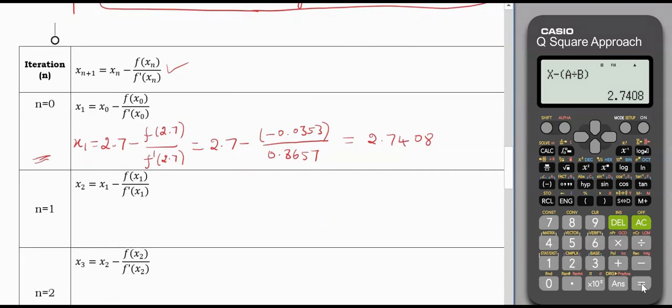And to find x2, give n is equal to 1 in the formula. So x2 is equal to x1 minus f of x1 divided by f dash of x1.